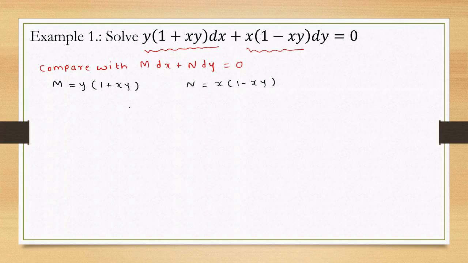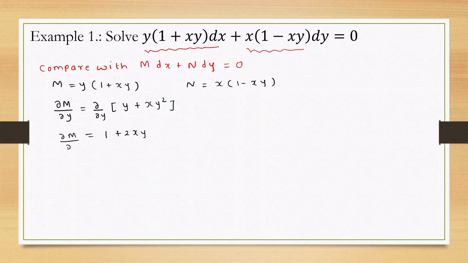Let us see first of all whether this differential equation is exact or not. Okay, now we need dou M by dou y. So dou by dou y of, we can write this as y plus x y square, which is dou by dou y of y is 1 plus 2xy.